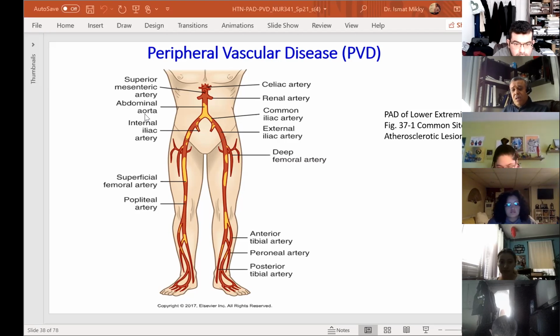I don't know if it's just me, but I can't see the slide on my PowerPoint. You cannot see this? Oh, okay. I'm sorry. These are a few things for illustration purposes.